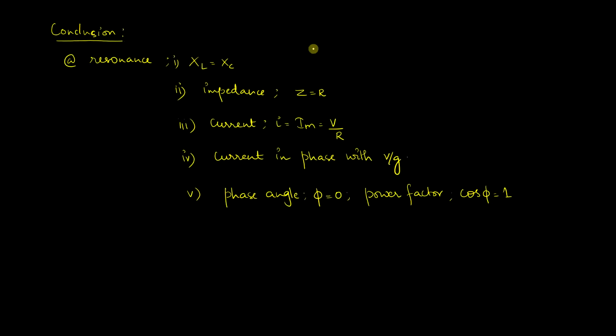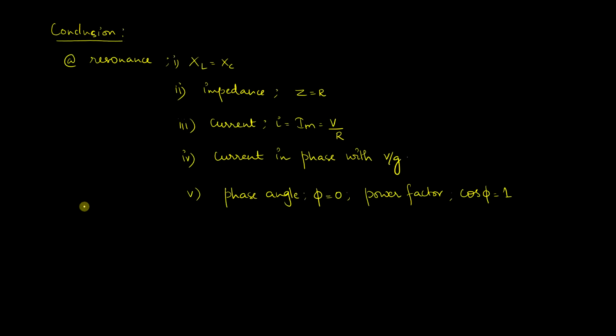So these are the observations that we have made, and they also correspond to the properties of the series resonant circuit. If they ask you the properties of the series resonant circuit, we have seen this earlier also. Again, you can jot down these things.